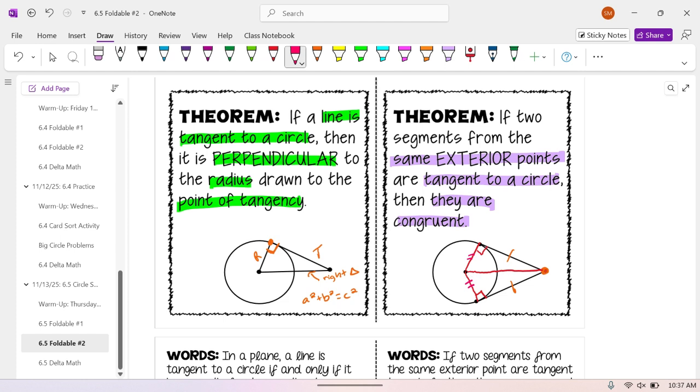What's true about this segment for both triangles? It would be what to itself? Congruent. So aren't these two triangles congruent? Yes, because side, side, side. So it also forms two congruent triangles.